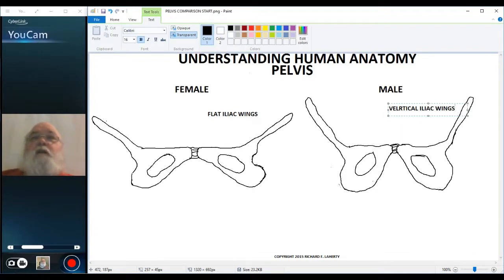Now, one characteristic that most people look at first when they're trying to identify a male from a female pelvis is the subpubic angle. In the female, the subpubic angle is 90 degrees. It's a right angle.